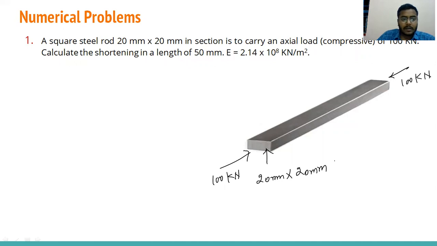Calculate the shortening in a length of 50 mm. So the length is also given, that is 50 mm. E, the elastic modulus of this material, is given. Now we can calculate.